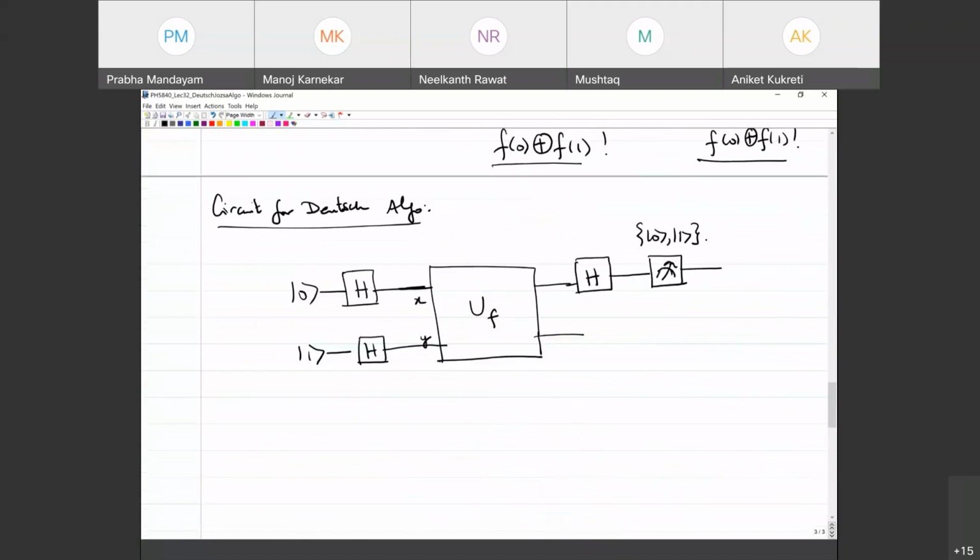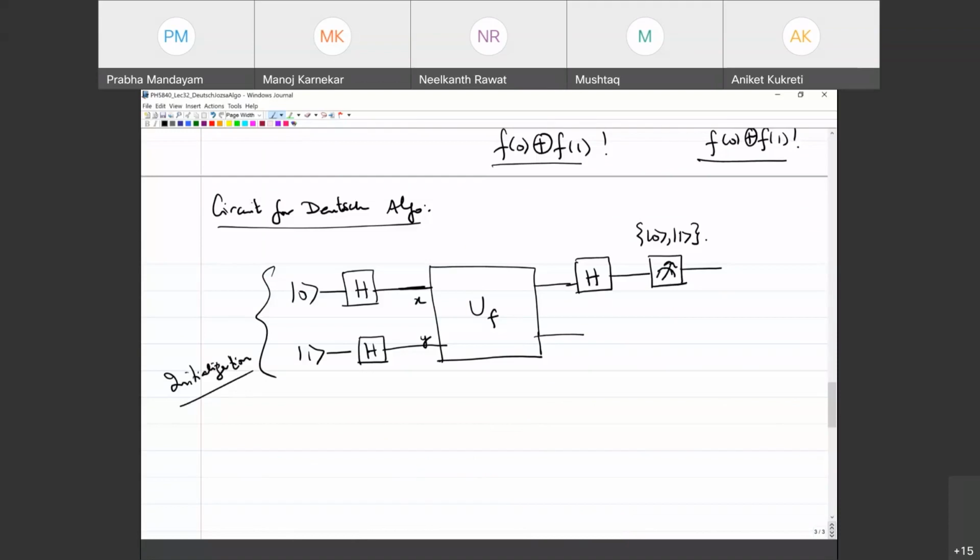Now, one more thing to mention here is this first step of preparing the qubits, right? This is called the initialization. And when we initialize these qubits, we may not again have the machinery. See, when you're building an experimental toolbox for this, you don't want to have too many components in the toolbox.